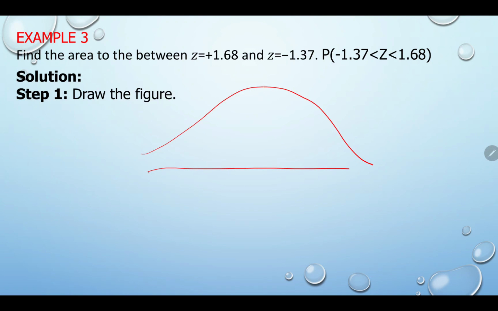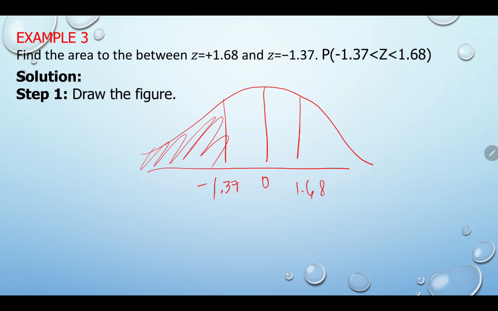So, lagi tayong maglalagay ng 0 sa gitna para malaman natin where is negative 1.37 and where is positive 1.68. Yan. So, kung gagawin lang natin dito, according to our rule, kukunin lang natin yung area. Kukunin natin yung area dito, nung una natin, tapos kukunin natin yung area nung itong pangalawa, ima-minus natin. Kasi that will give us the area at the middle.